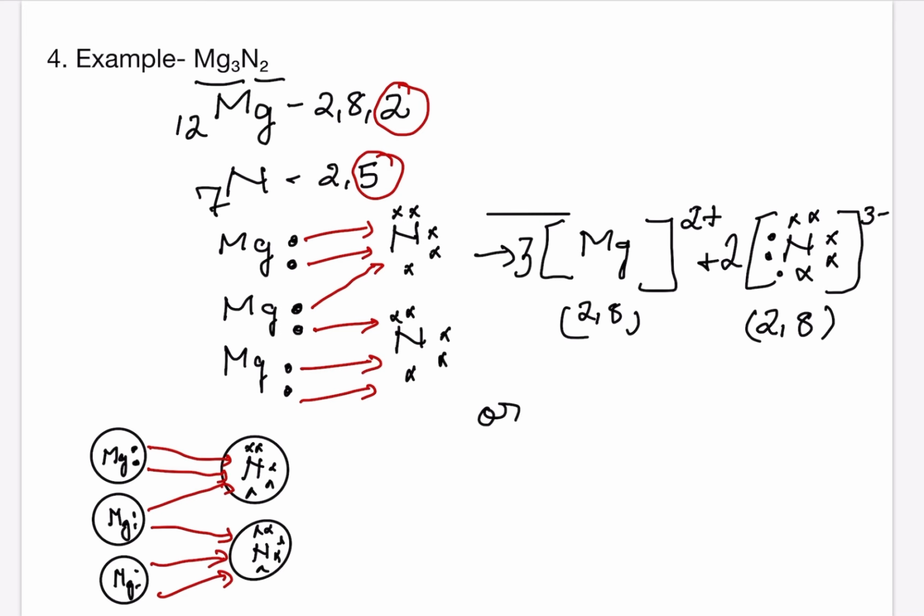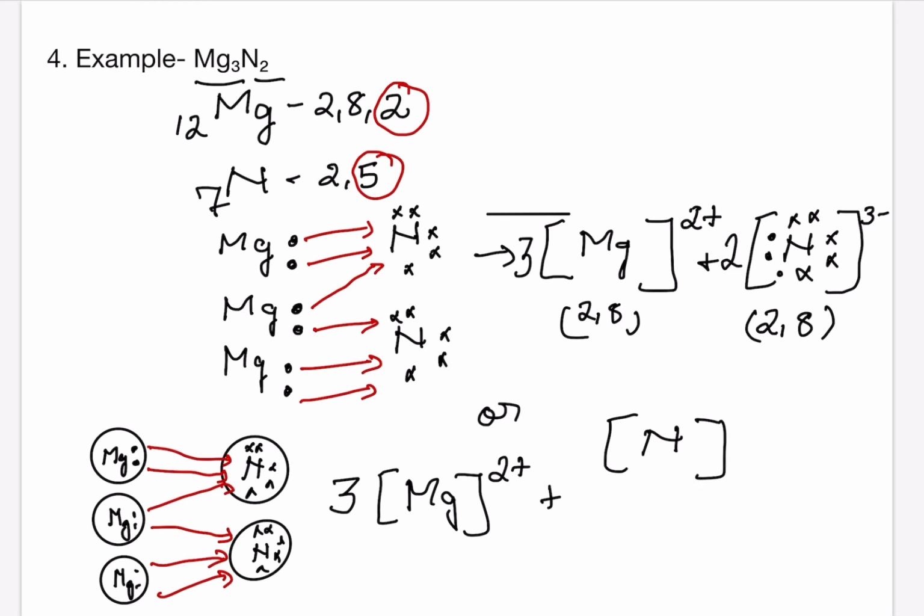Now we can write the next step. 3 Mg, enclose it in a square bracket, and 2 plus because each Mg is giving 2 electrons. And now you have to show 2 square brackets because there are 2 nitrogen.